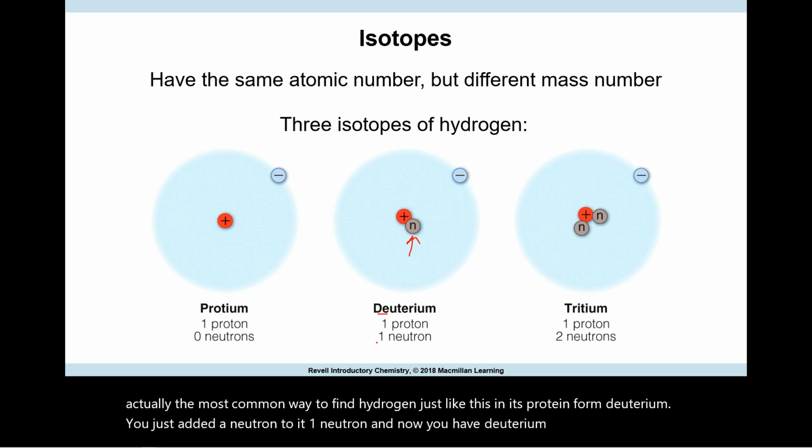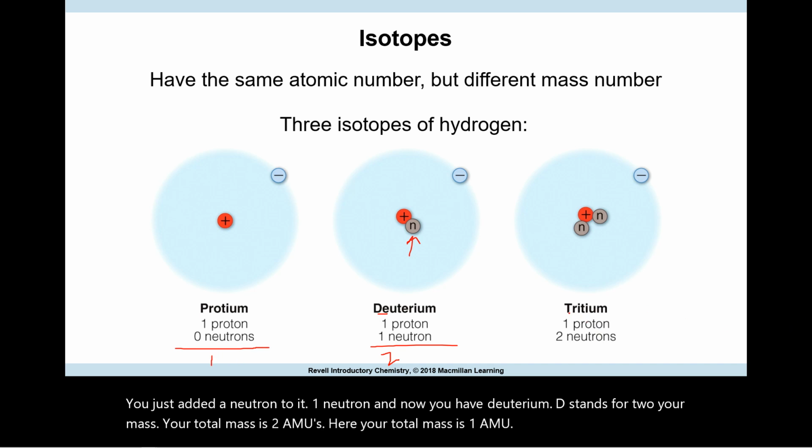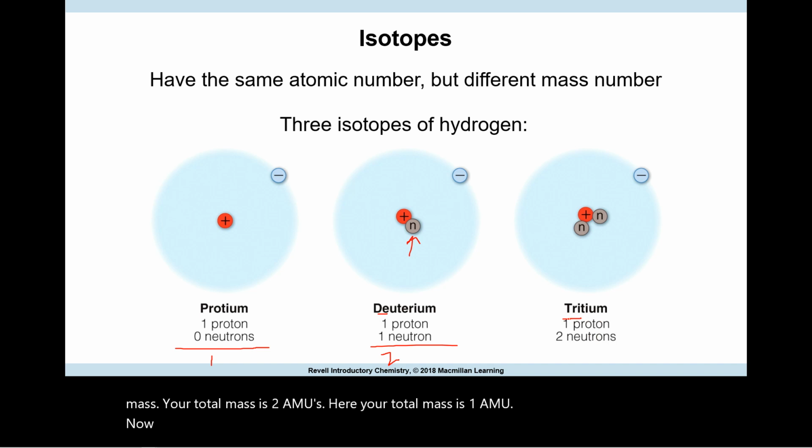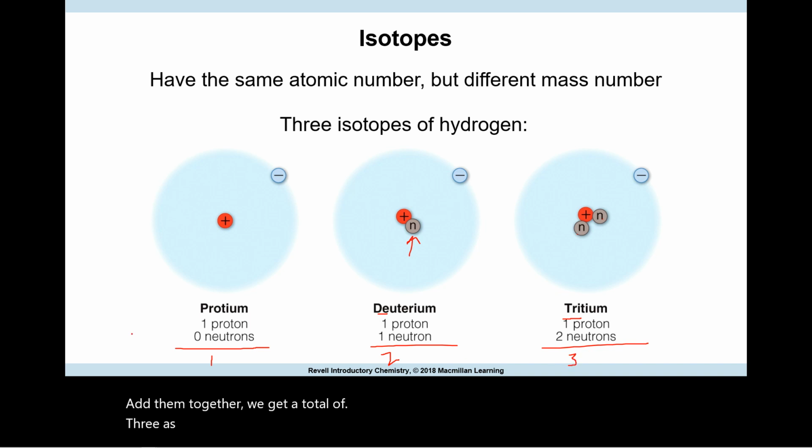D stands for 2. Your total mass is 2 AMUs. Here, your total mass is 1 AMU. Now, tritium. Tritium stands for 3, and we have our 1 proton plus 2 more neutrons. Add them together, we get a total of 3 as our atomic mass number.